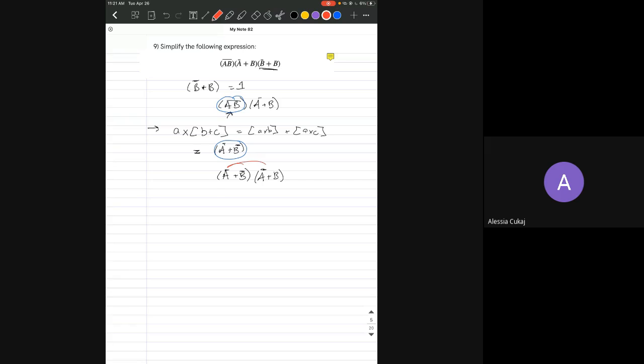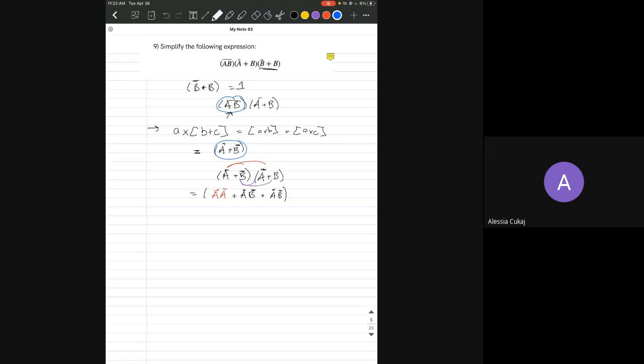When we distribute, we get a naught times a naught, plus a naught b, plus a naught b naught. This is our new equation.